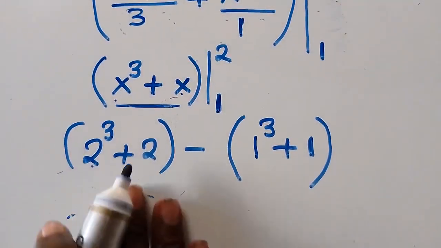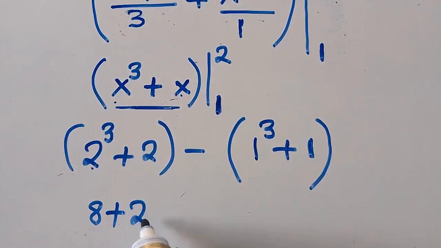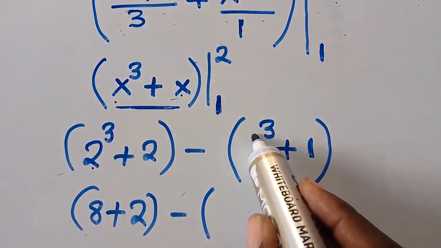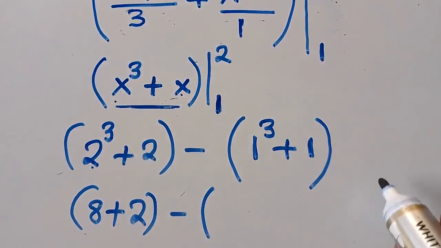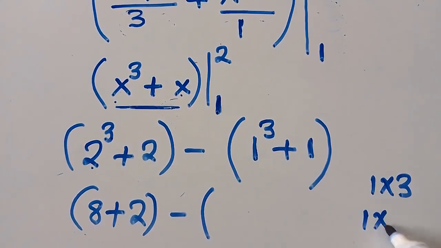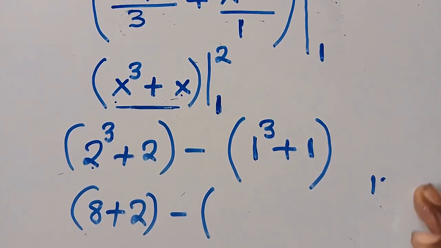So 2 to the power 3 is just the same as 8 plus 2. Minus, you go this part. What is 1 cubed? This does not mean 1 times 3. No. This means that you are multiplying 1 three times by itself, 1 times 1 times 1. This is what you need to get and understand.